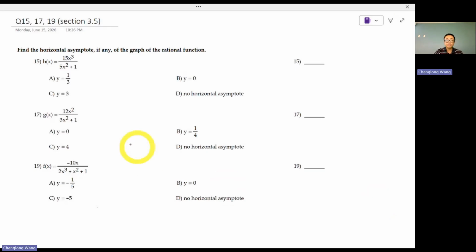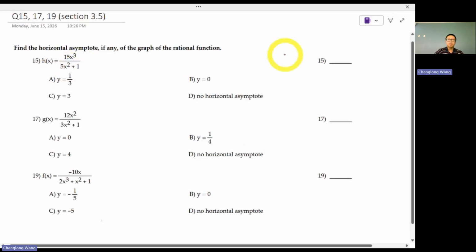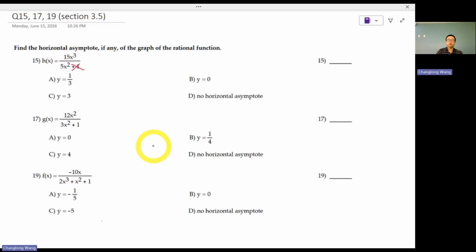By non-leading terms, I mean, if you're looking at the denominator of number 15, 1 is the non-leading term, right? You don't need that anymore. Here, number 17, the denominator has a 1, right? Forget it.